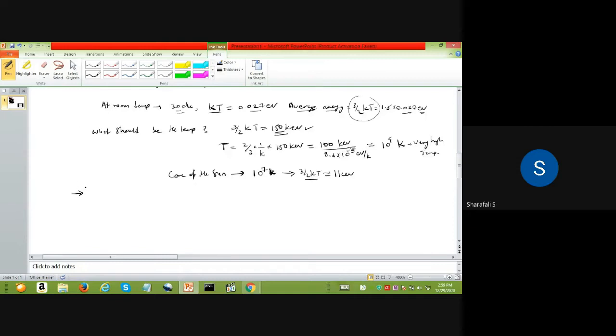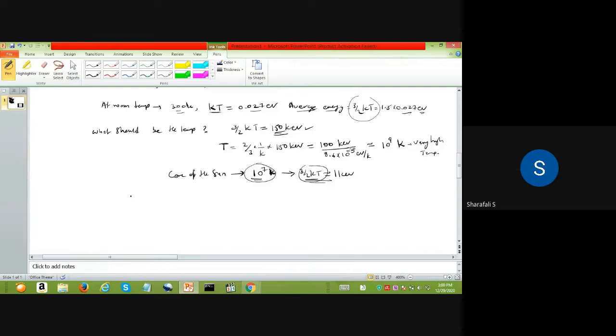Still, if you consider this 10 raised to 7 Kelvin, with 3 by 2 kT being 1 kilo electron volt, not all of those nuclei will have this much energy.